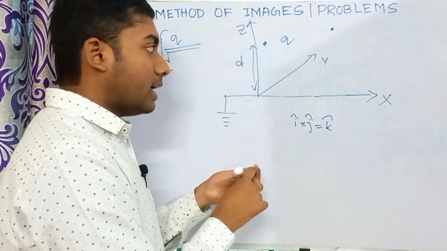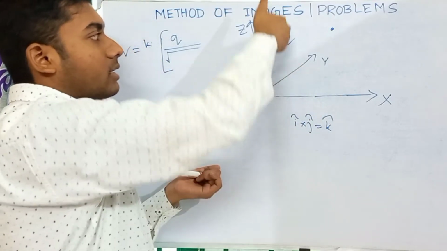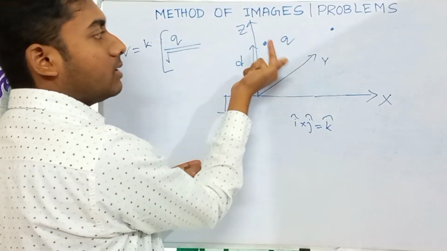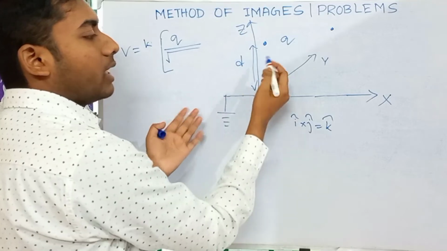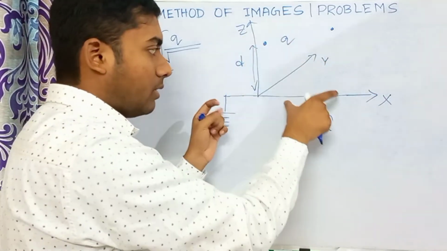You can easily find that here, going from i to j, that will be upward. If you cross j to k, you will find the i cap. So this is correct.